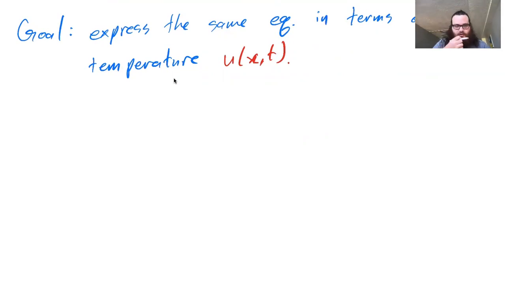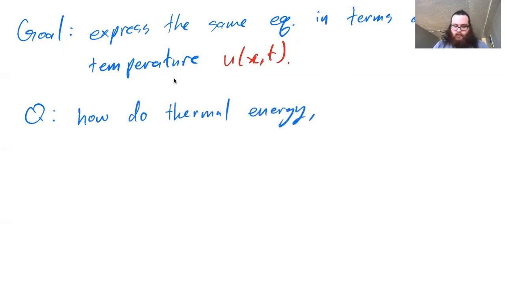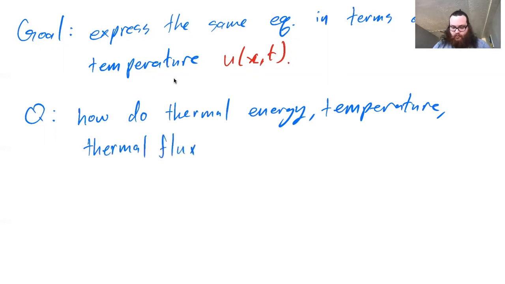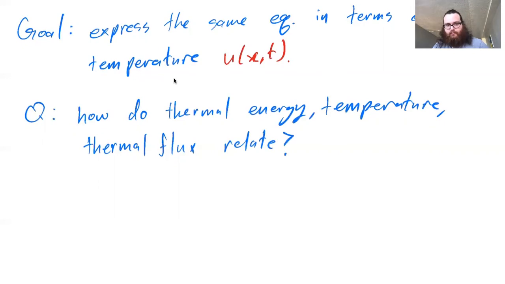So to make this conversion, the first question we should ask is, how do thermal energy, temperature, and in the end, as well, the thermal flux, that term phi, how do all these quantities relate?